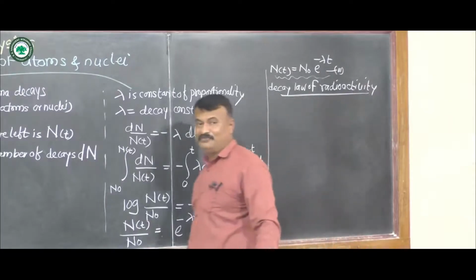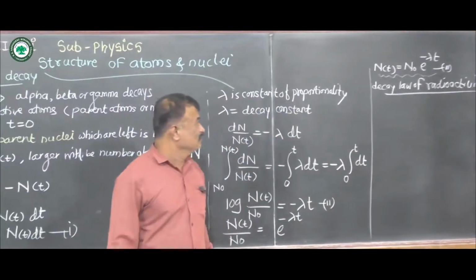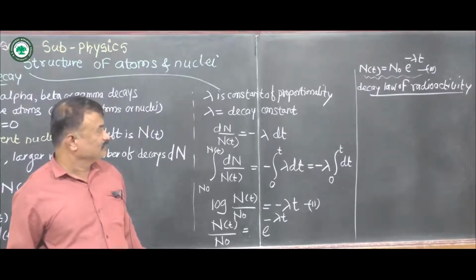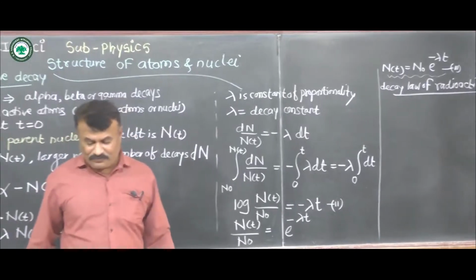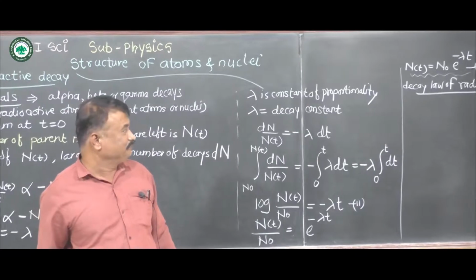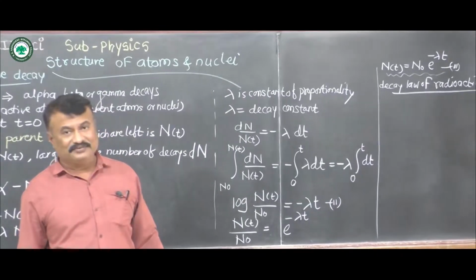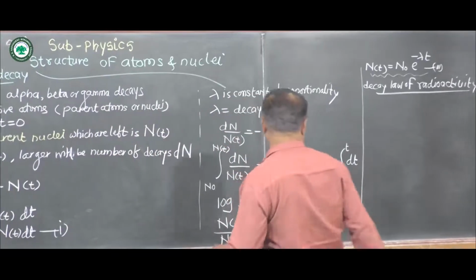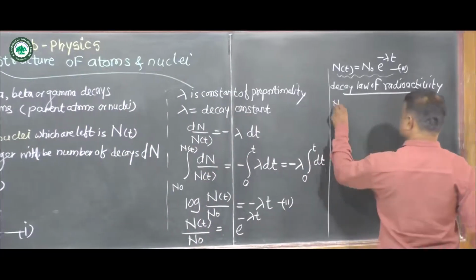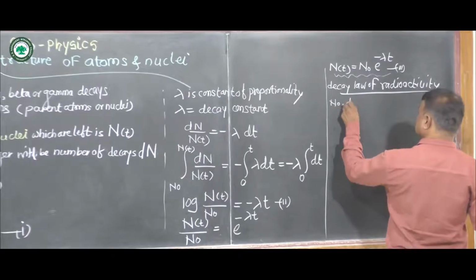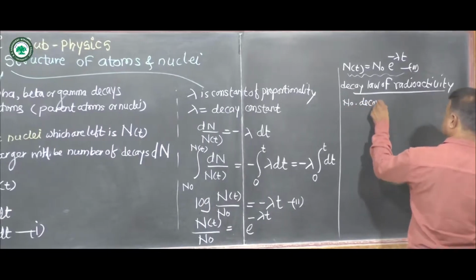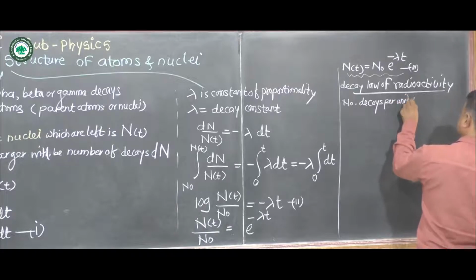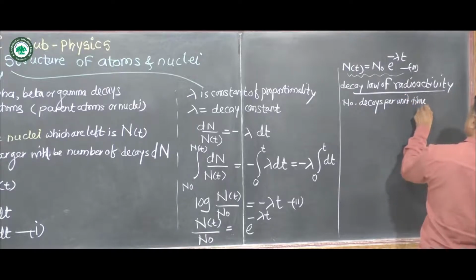So with the help of equation 3 we get the decay law of radioactivity. Now the number of decays per unit time is called activity.